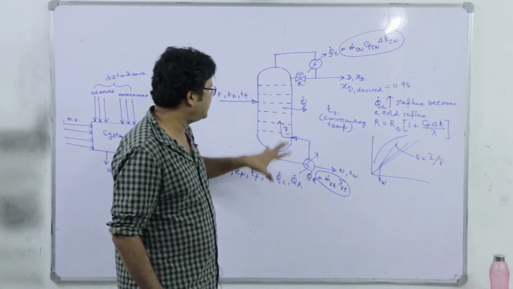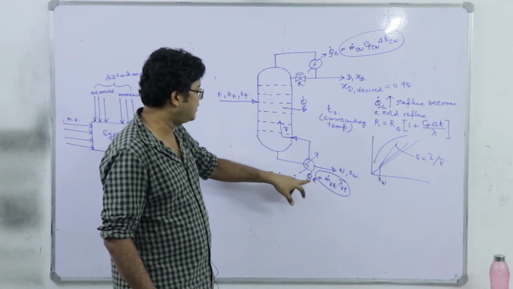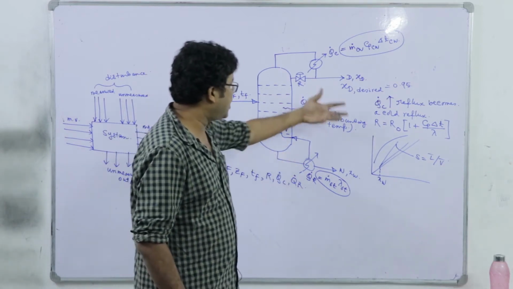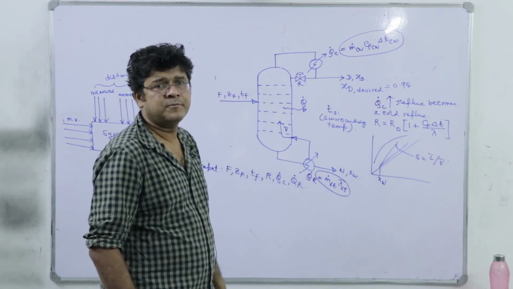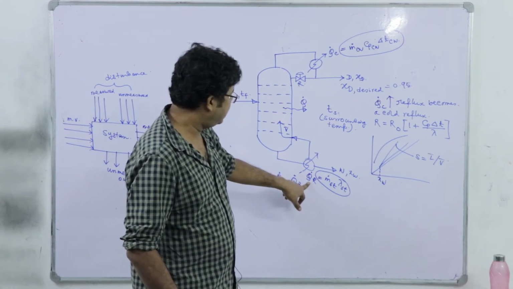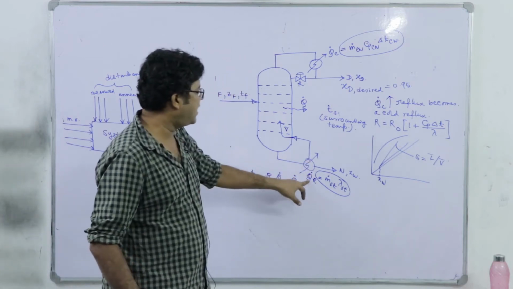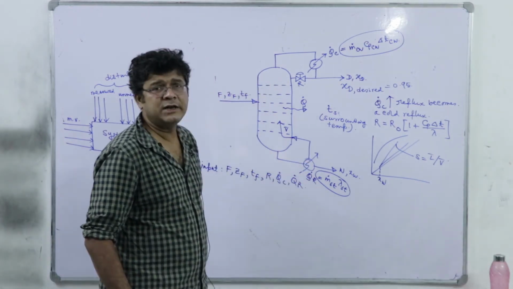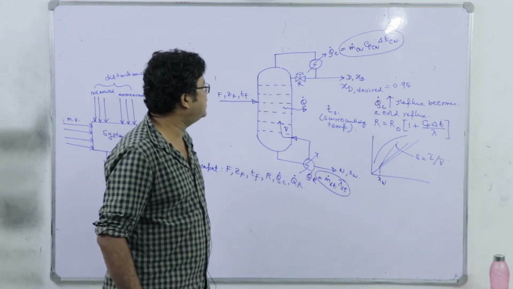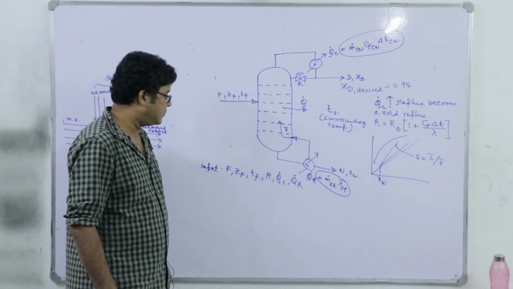Once the column is fixed, the number of trays are all given, the inputs are fixed, and we are changing only Q dot R, we can conclude that the product purity will increase, right. So, this can be considered as one of the input variables because surely the change of Q dot R is going to alter the performance of that device. So, Q dot R, capital R, Q dot C, F, ZF, TF, they are all input variables to that system.